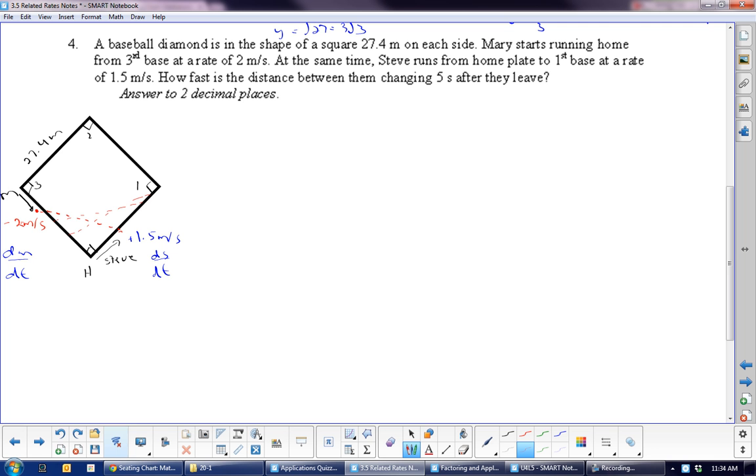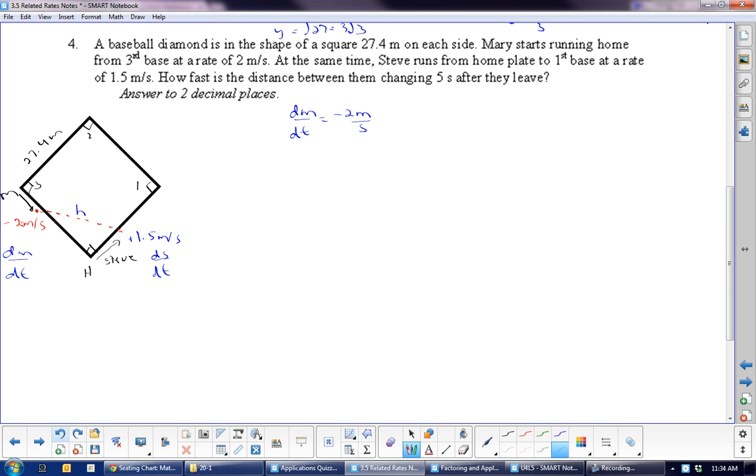So we just want to keep track that the dotted line is my changing hypotenuse, basically. Why don't we call this our h, our hypotenuse. So we know that dm over dt equals -2 meters per second.